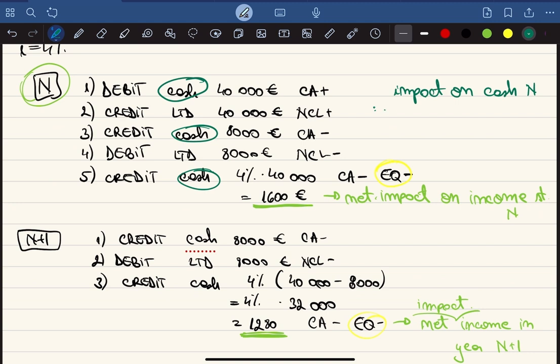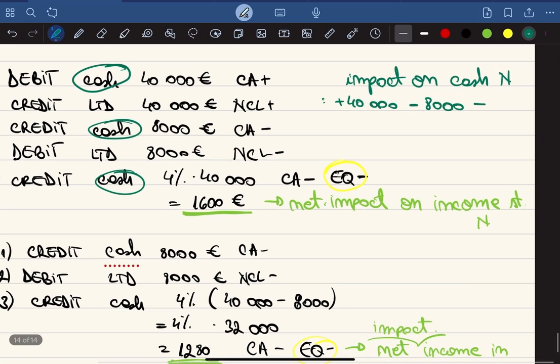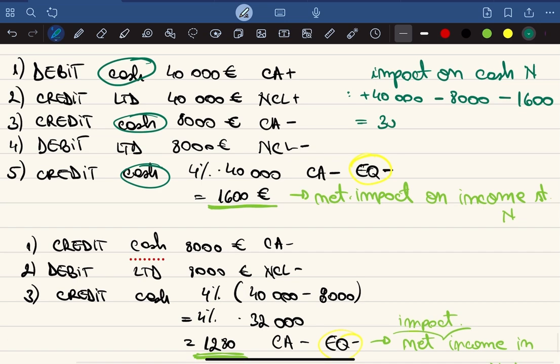So the impact on cash in year N is plus 40,000 because there's a plus. For the reimbursement it would be minus because you paid, as well as for the interest because you also paid. Minus 8,000, minus 1,600. So the impact on cash in year N will be 30,400.